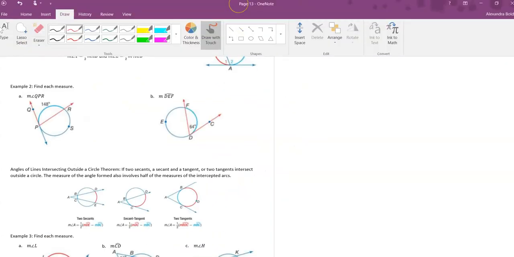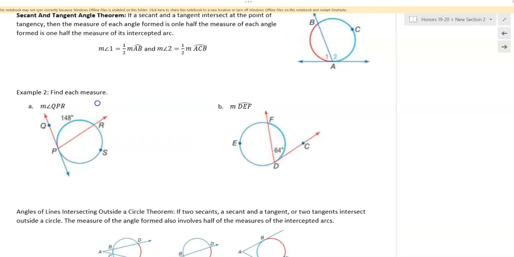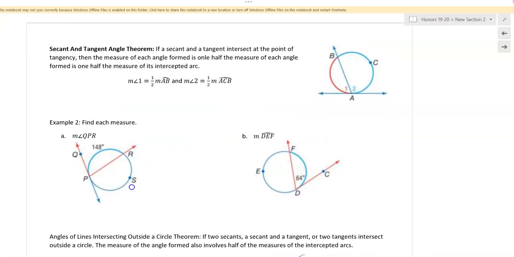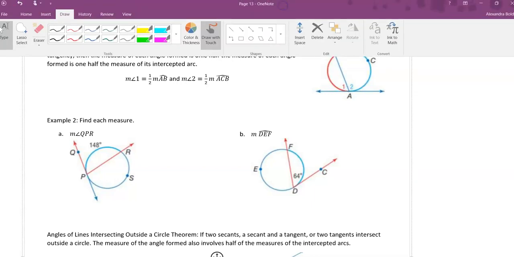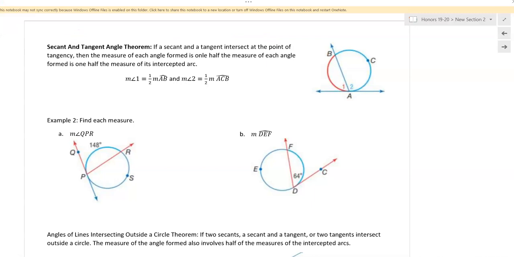Our next one is when we have a secant and a tangent meeting, and they meet on the circle. So that last one was when the point where they cross is inside the circle. Here, the point where they cross is on the circle. And what happens here is the measure of the angle is 1/2 the measure of that arc that it opens up to.